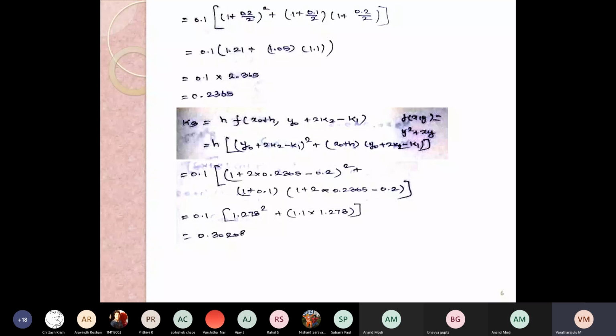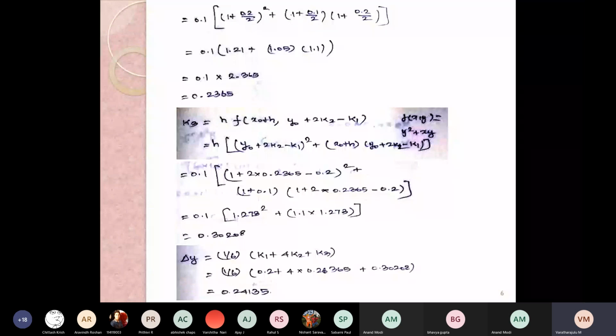Okay, go ahead, Anand Modi. Delta y is equal to 1 by 6 of k1 plus 4 k2 plus k3. As we have calculated, our k1 is equal to 0.2, k2 is equal to 0.2365 and k3 is equal to 0.30208, and applying these values we get our delta y equal to 0.24135.